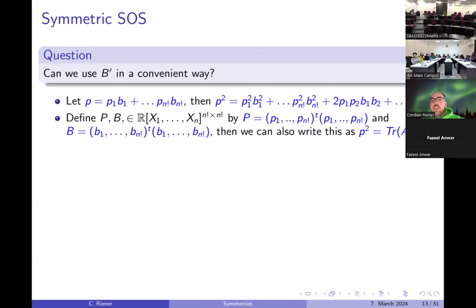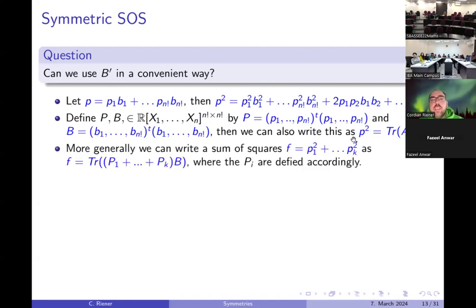This is maybe already too much for most pieces of paper to write down when n is big. I think of the matrix P as the terms P1 to Pn factorial times transposed P1 to Pn factorial. So this is a huge square matrix where I have the pairwise products of these Pi's inside. I do the same thing with the matrix B, where I put in the pairwise products of these B1 to Bn factorial. With this at hand, I can simply write p squared as shown here as the trace of the product of these two matrices.